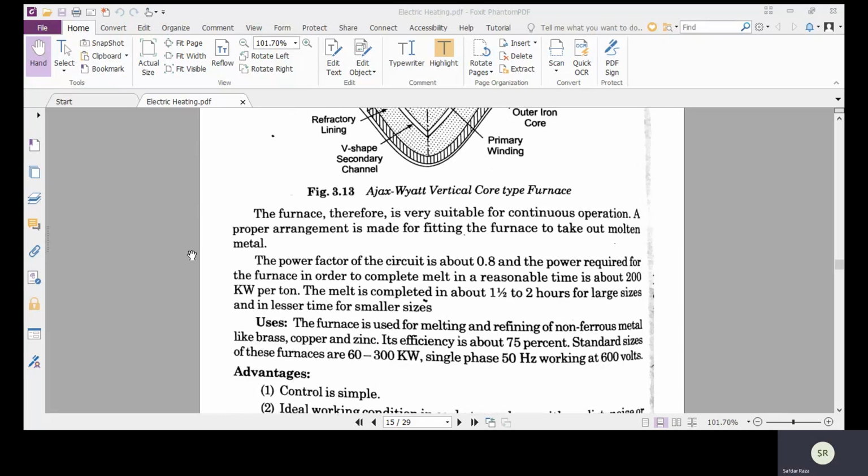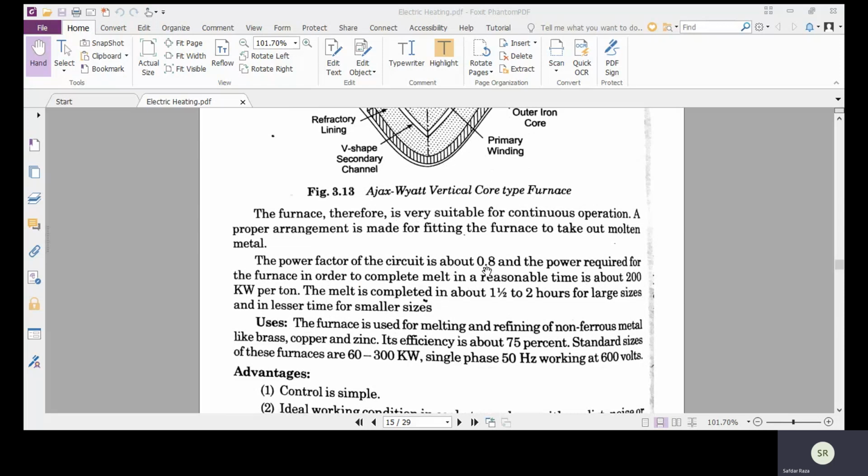The furnace therefore is very suitable for continuous operation. A proper arrangement is made for tilting the furnace to take out molten metal. The power factor of the circuit is about 0.8.